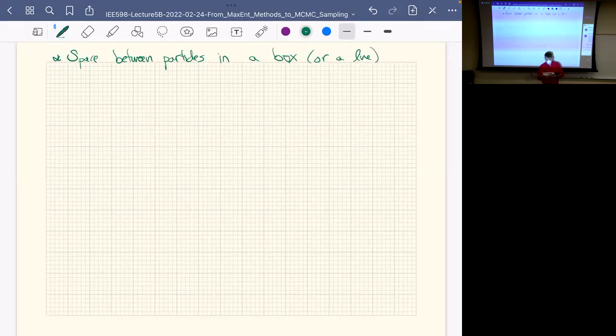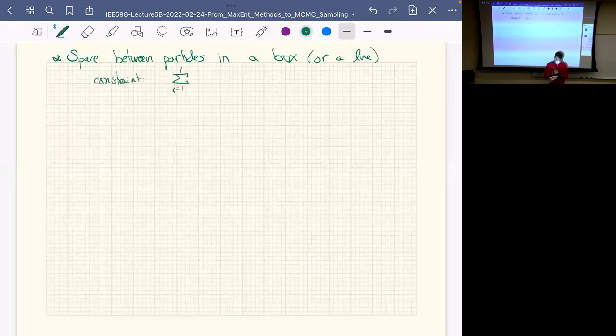So the idea here is that the constraint is that if I have, I think, n plus 1 particles maybe, then I'll have n distances between them. And those n distances have to add up to the total length of a line.